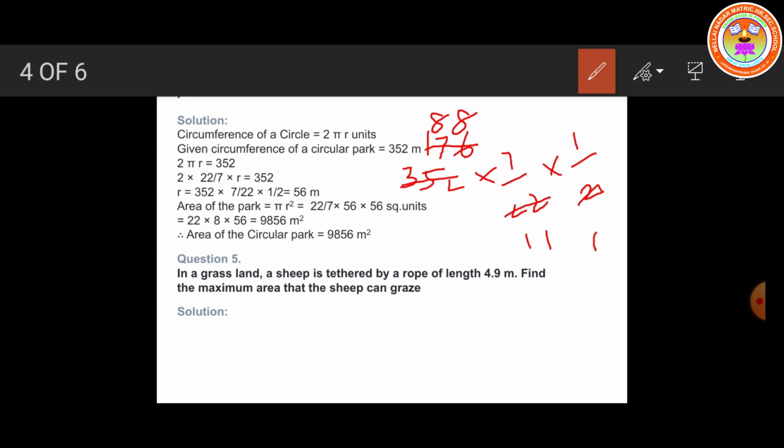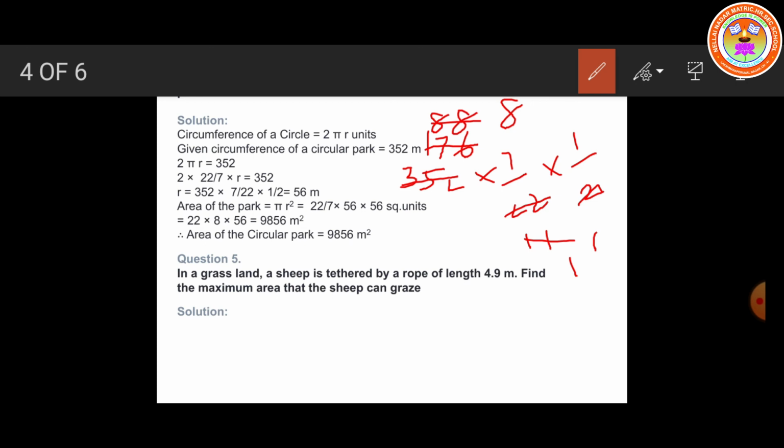Can you understand? Next 11 table. 11 ones are 11, 11 8s are 88. 8 into 7 is equal to 56. So the radius is equal to 56 meter.